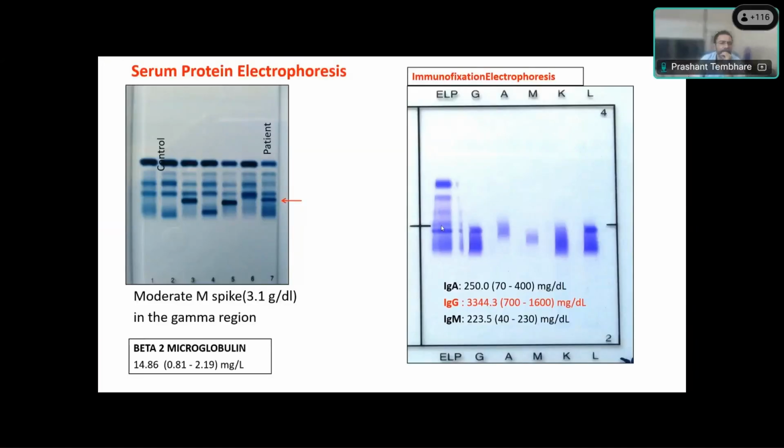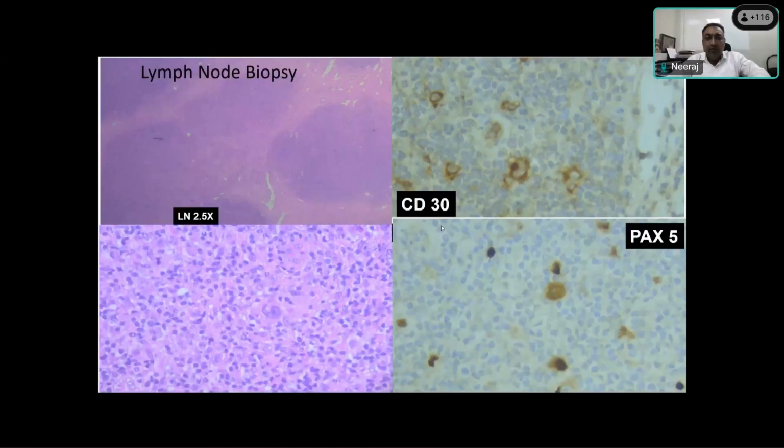Okay. So anyway, if you can go back, I just need to explain the slides here. Basically, the morphology had a nodular infiltrate with some large cells, Hodgkin-like cells, and Hodgkin lymphoma was suspected. Whenever you suspect such a morphology, you have an initial panel which goes with CD3, CD20 and CD30. In this case, CD30 was positive, CD3 highlighted the background T cells, and CD20 was negative.